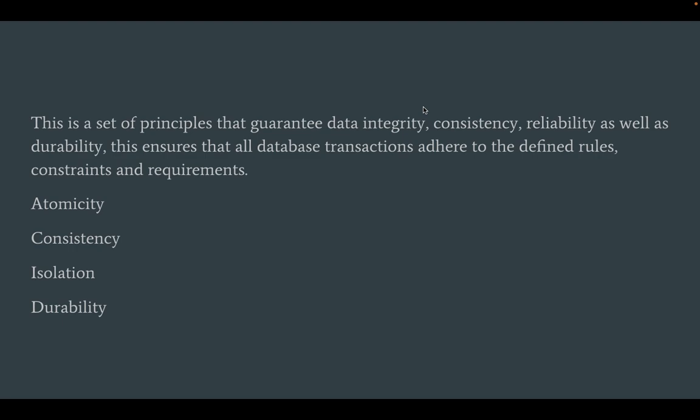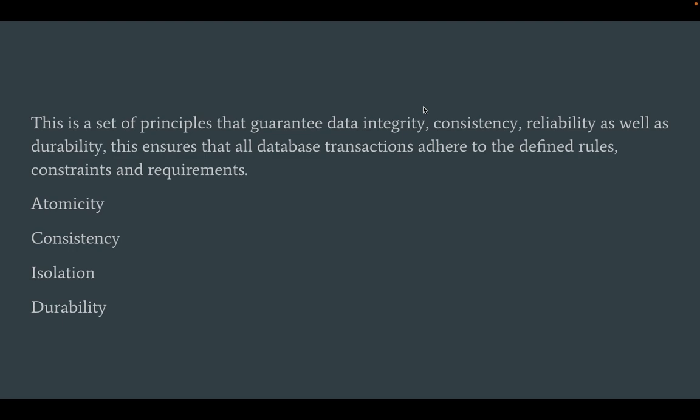So this ensures that all database transactions adhere to the defined rules, constraints, and requirements. So the database structure that you have, every transaction that comes to the database must adhere to all the constraints that you have, all the foreign keys, all the non-nulls, all the relationships that are established within that particular database, all the indexes.